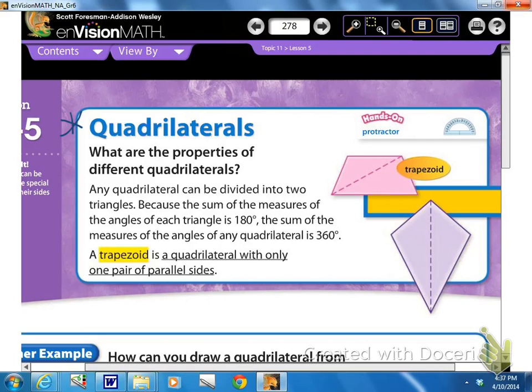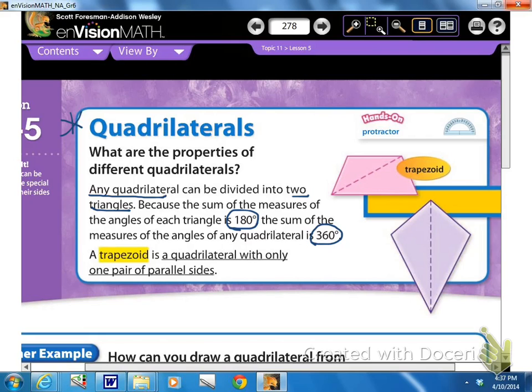All right, so to start, know that any quadrilateral could be divided into two triangles. And since we know the sum of the measures of the angles in each triangle is 180 degrees, right? Every triangle's angles add up to 180 degrees, then the sum of the measures of the angles of any quadrilateral is going to be 360.